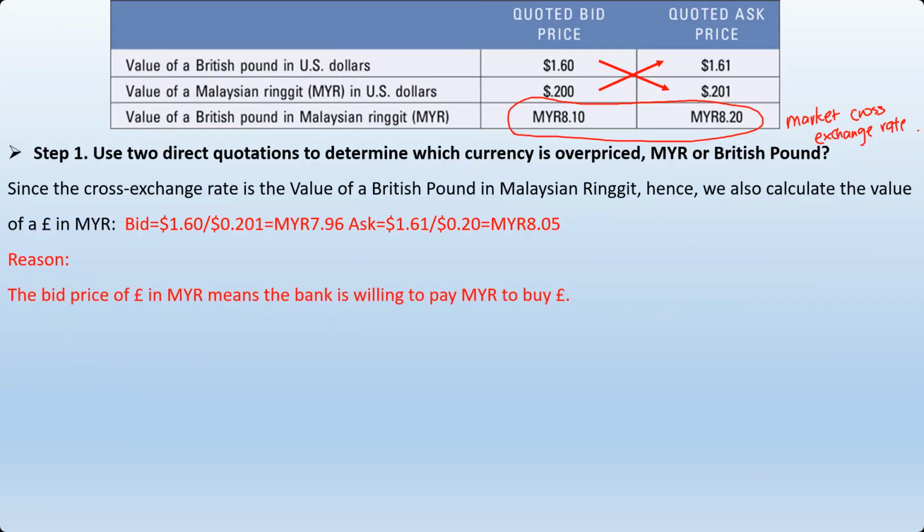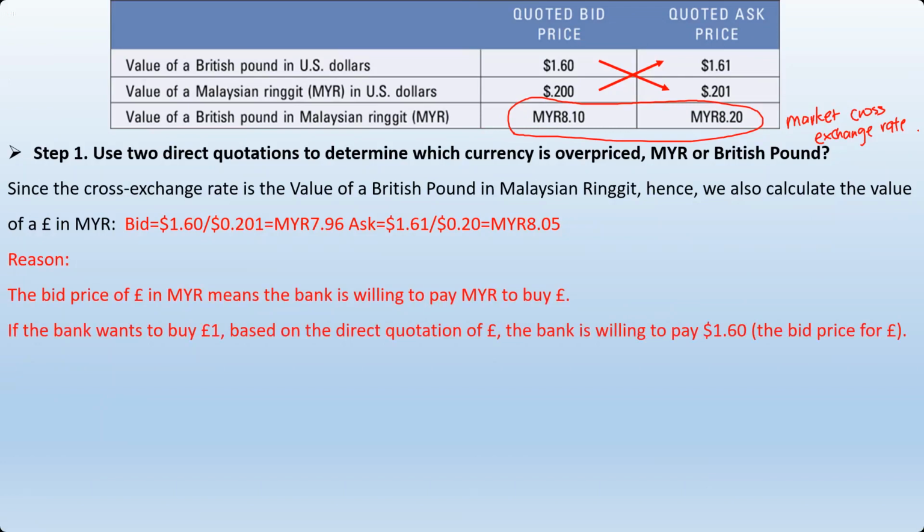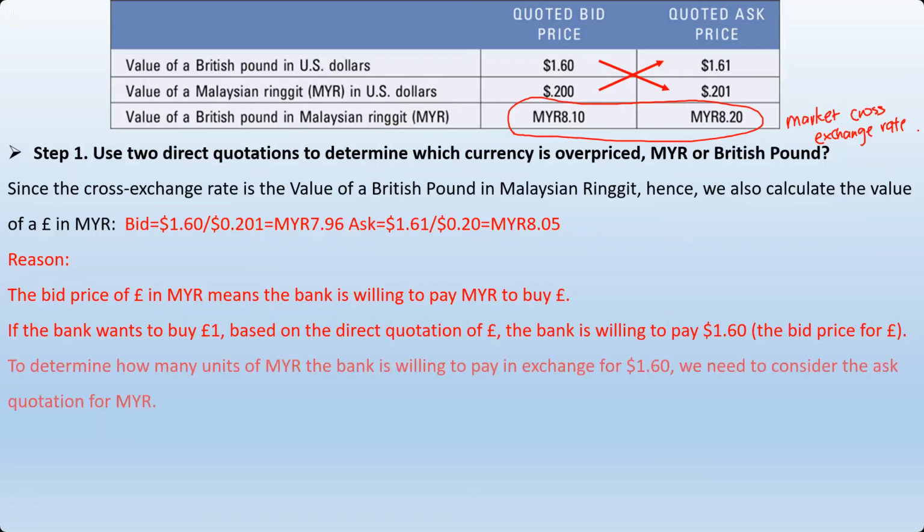The bid price of British pound in Malaysia ringgit means that the bank is willing to pay Malaysia ringgit to buy British pound, because the bid price is where the bank wants to buy A in terms of B. If the bank wants to buy 1 British pound based on the direct quotation of British pound, the bank is willing to pay 1.6 US dollars. To determine how many units of Malaysia ringgit the bank is willing to pay in exchange for 1.6, we need to consider the ask quote for Malaysia ringgit.